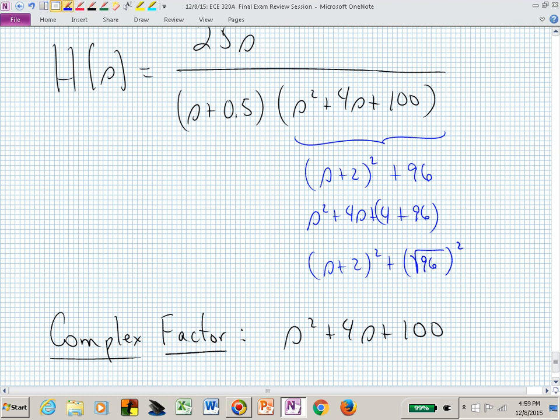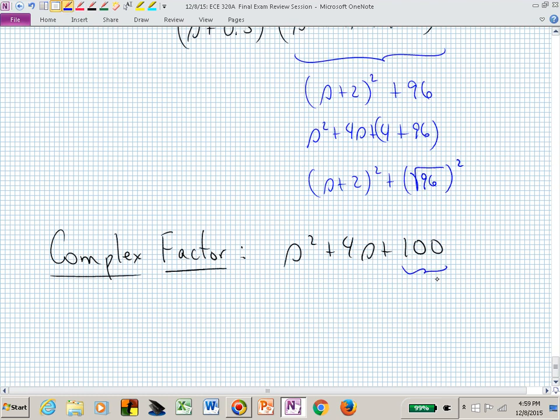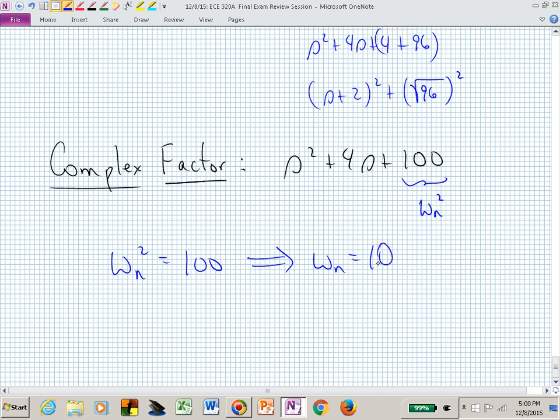We are saying, let's just agree that this is the square of the distance away from the origin. That's our natural frequency squared. So that now our natural frequency is 10.